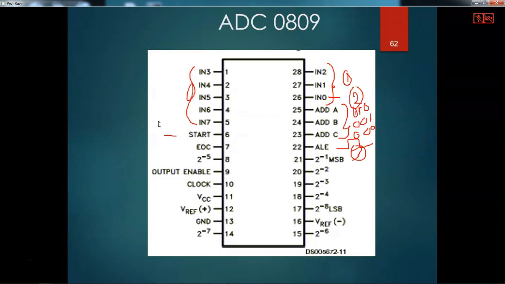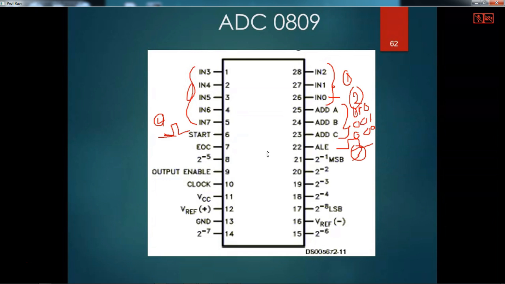Then step number 4: you have to tell the ADC to start conversion, so you give a pulse on the start pin.